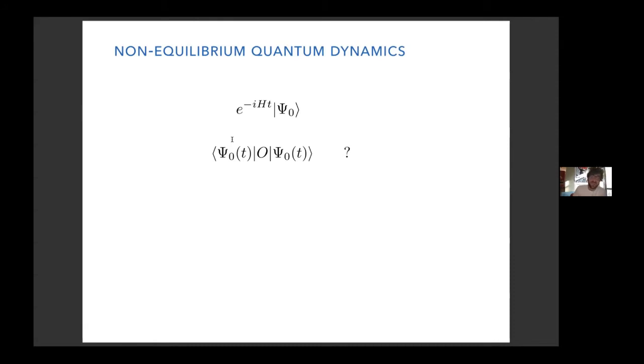Given a quantum state, we know that its evolution is just given by unitary time evolution if you have some Hamiltonian system.